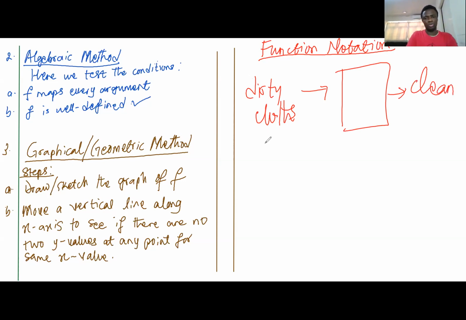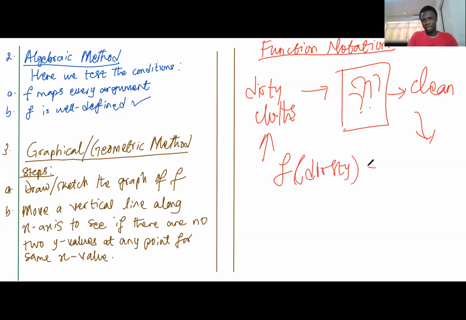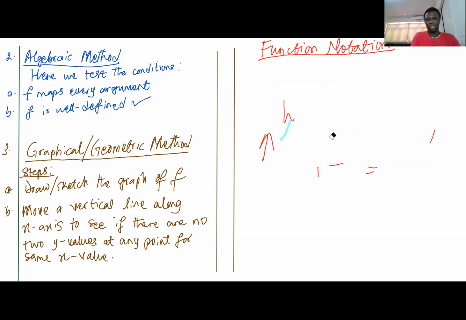So this is your input and this is your output, and this is where all the operations happen. So we can say when f acts on dirty clothes, it produces the clean version of your clothes. Function is that process that maps them from one to another.